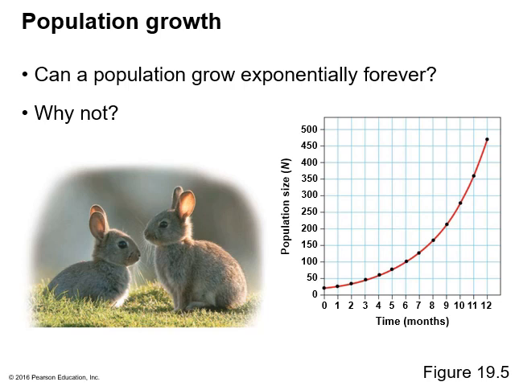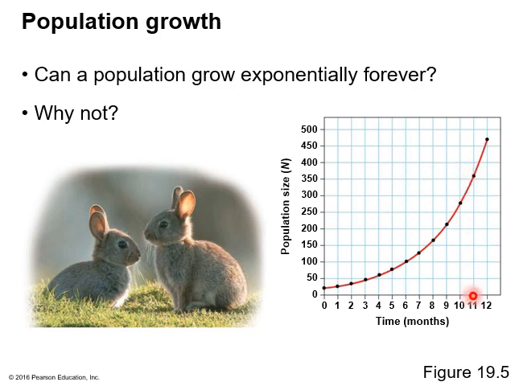What I mean by exponential is that each year you add more individuals than you added in the previous year, right? So say for instance, from month 10 to month 11, you increase by 100 individual rabbits.